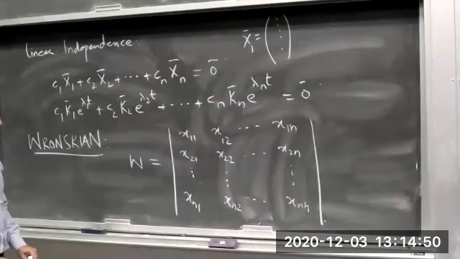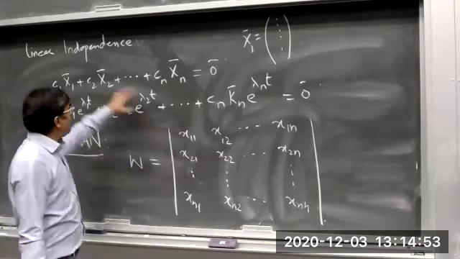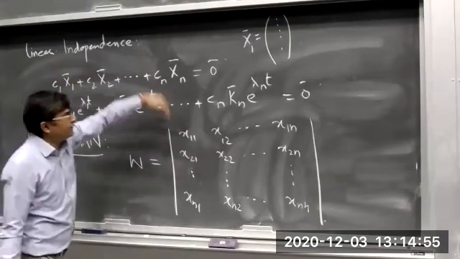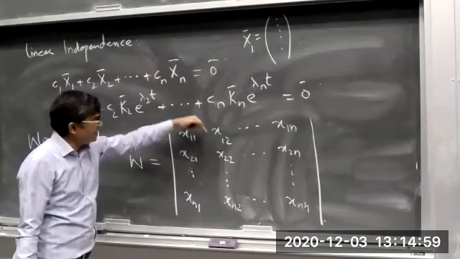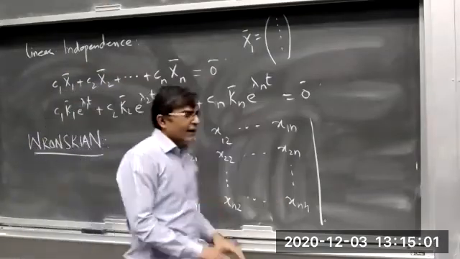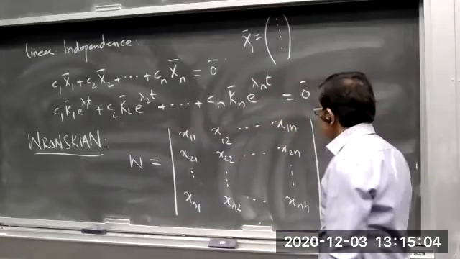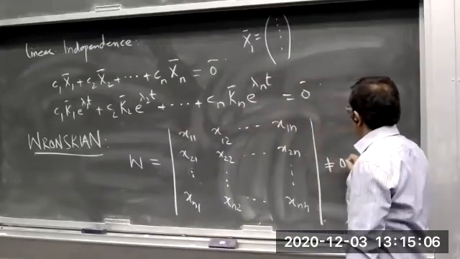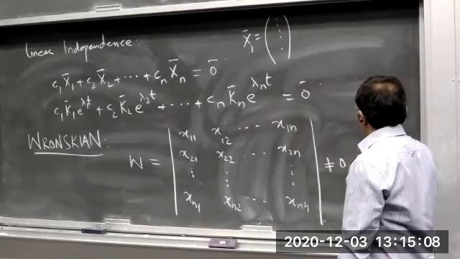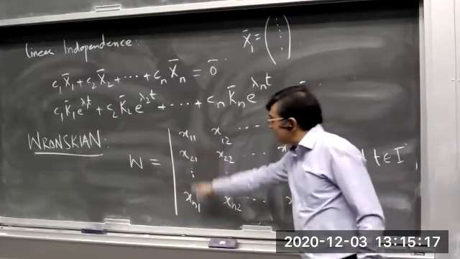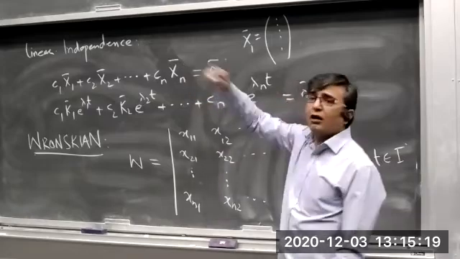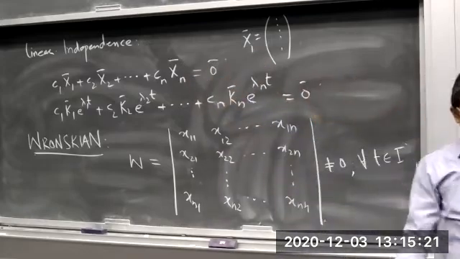ये आपका Wronskian है, ठीक है। Determinant of all the solutions in the column vectors, ठीक है। आपने इन सॉल्यूशंस को यहाँ पे कॉलम वेक्टर्स में लिख दिया। If this determinant is non-zero for all values of t belonging to I, ठीक है, because they are functions of t, because they involve exponential of lambda 1 t as well.